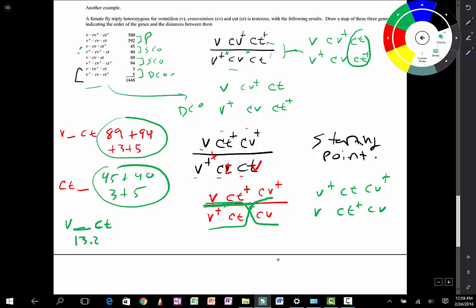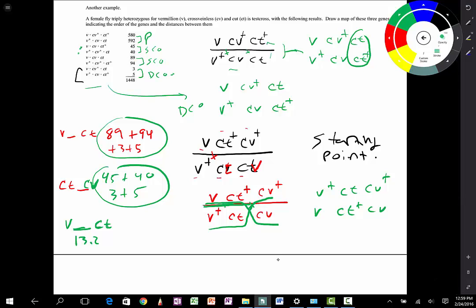CT to CV, so my pens decide kind of get going out on me. So CT to CV are these other numbers together. 45 plus 40 plus 8 equals 93 divided by 1448 equals 0.064 or 6.4.